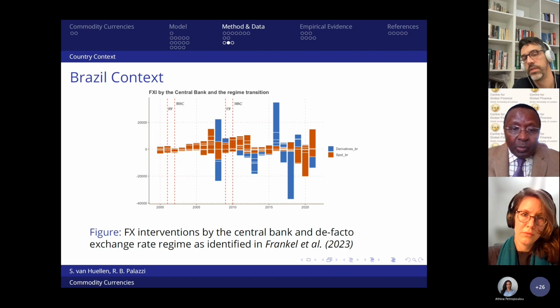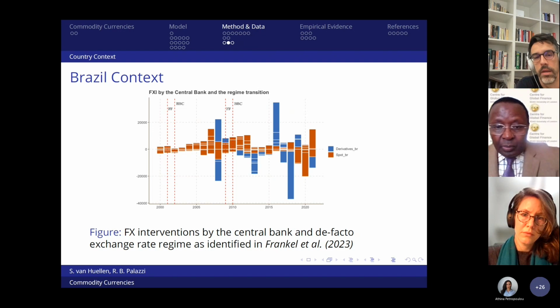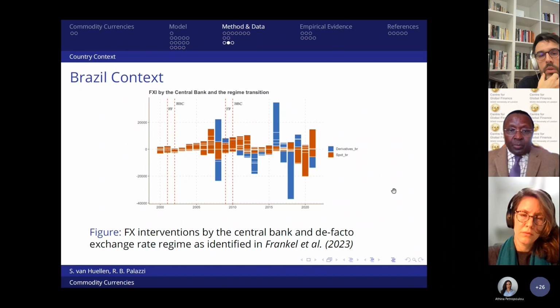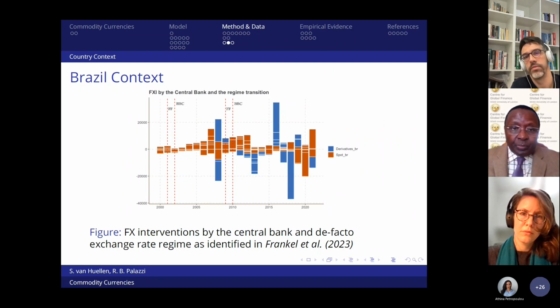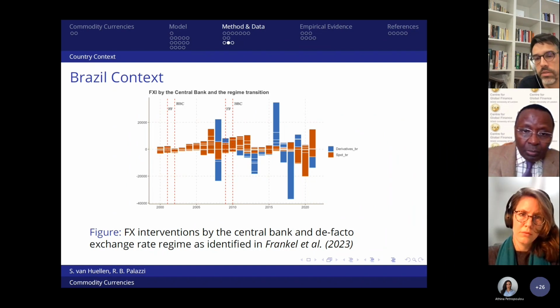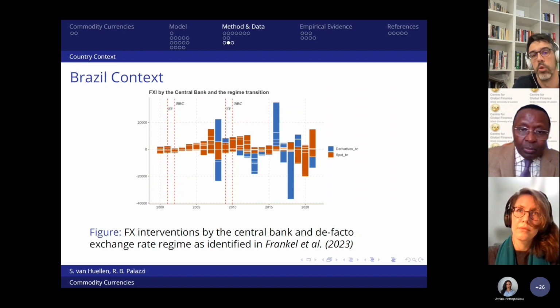If you see Brazil, we see the transition from what they call free floating to BBC, which is basically a managed exchange rate regime. So it's not totally free, which means that the central bank intervened in the market a lot. In Brazil's case, the central bank intervenes especially using derivatives, as we can see in the blue bar.